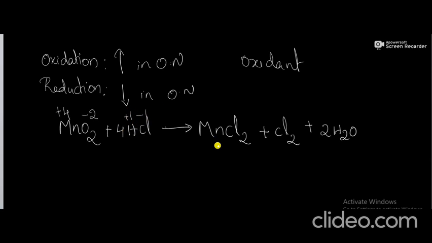Then in the case of manganese chloride, for chlorine the oxidation number is -1, and -1 into 2 is -2, so the oxidation number of manganese will be +2 in order to maintain neutrality. Then for chlorine, being a Cl2 molecule, the oxidation number will be 0.